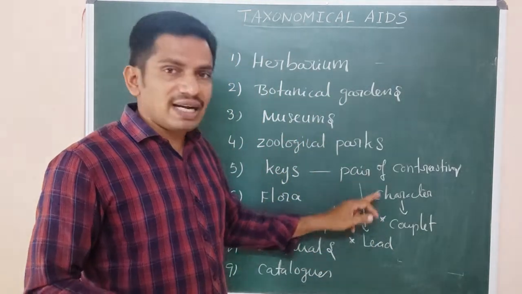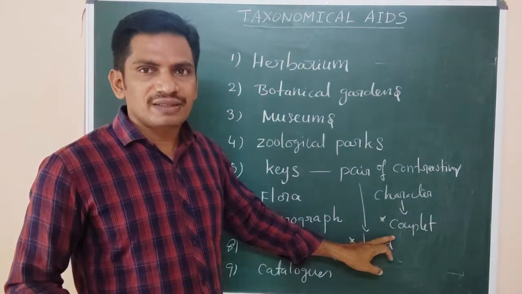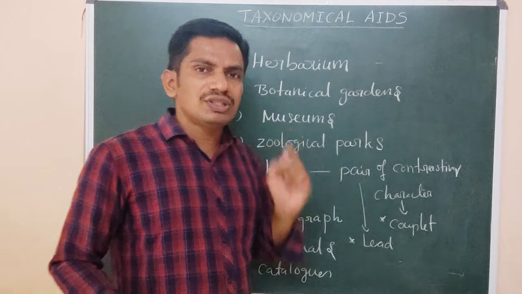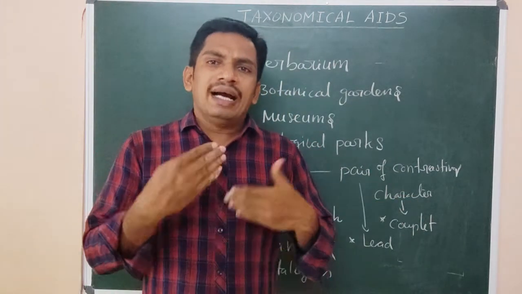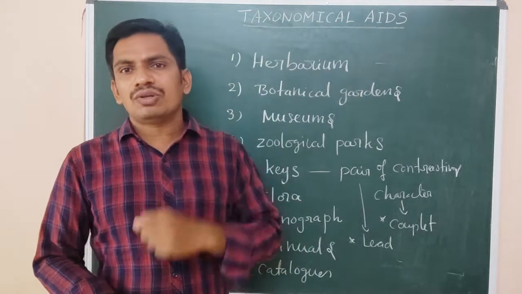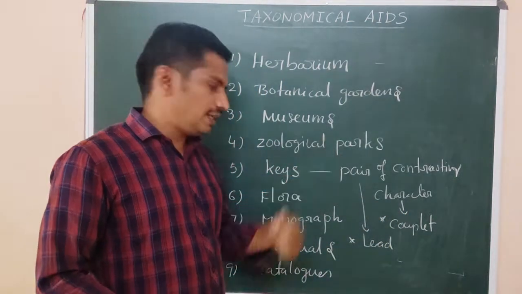A pair of contrasting statements, one the opposite of the other, is called a couplet. By using the key we can classify and identify the organism easily, using the couplet or lead in the key.